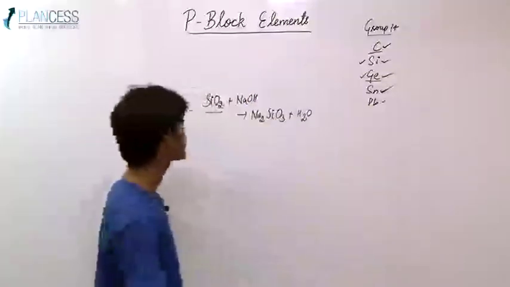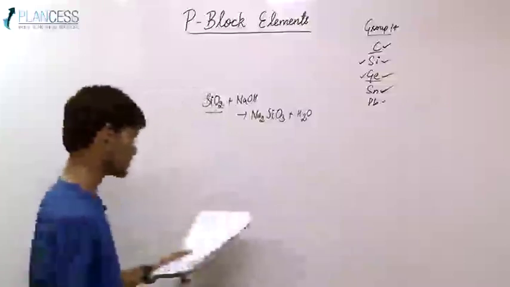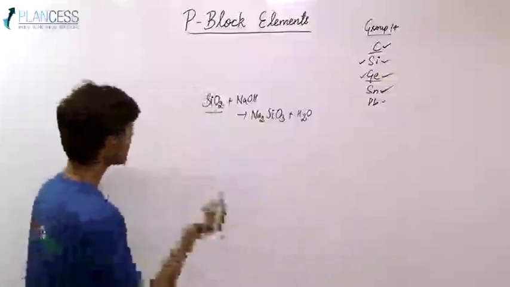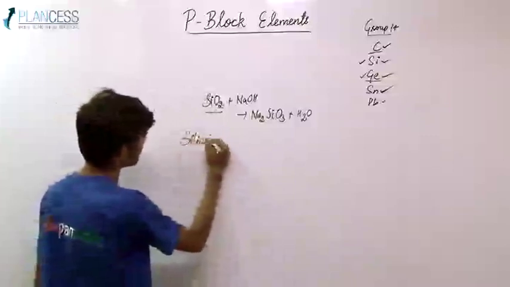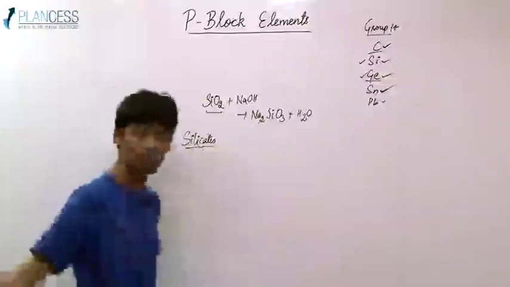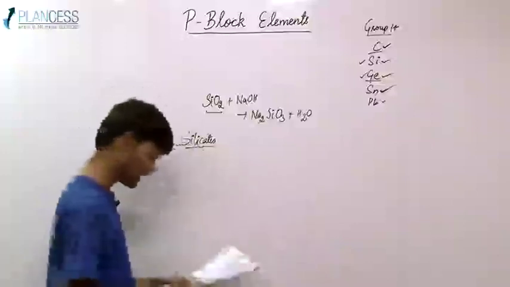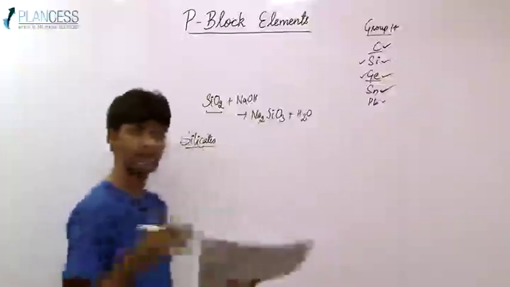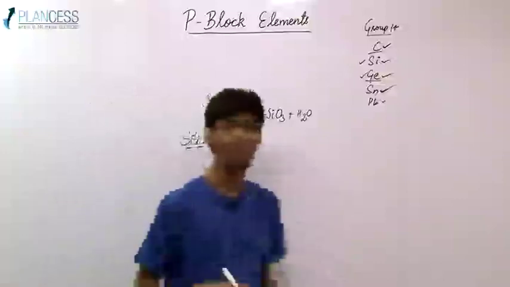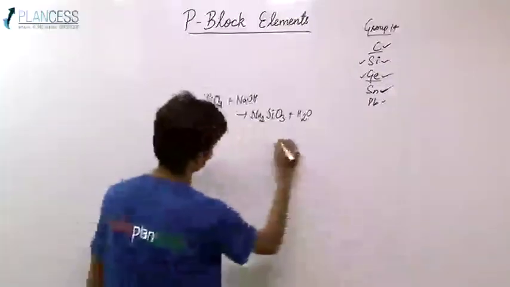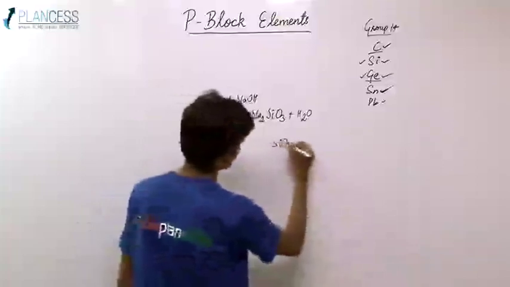Now the binary compounds of silicon, talking about the silicates. This was about SiO2. A very important topic is silicates. Binary compounds of silicon with oxygen are known as silicates, and there are many types of silicates which I am going to talk about now. SiO4 4 minus is the basic unit.